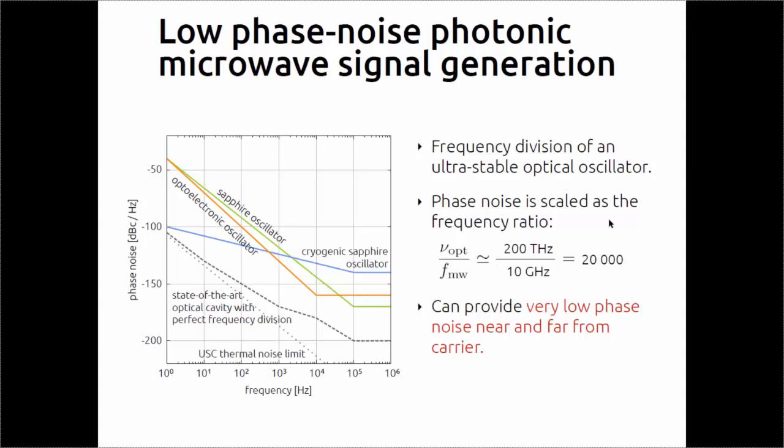So if we are able to realize the system, we can provide a microwave that has very low phase noise, both at a very small frequency offset from the carrier and a very large frequency offset from the carrier.